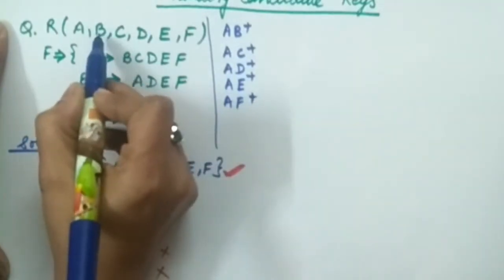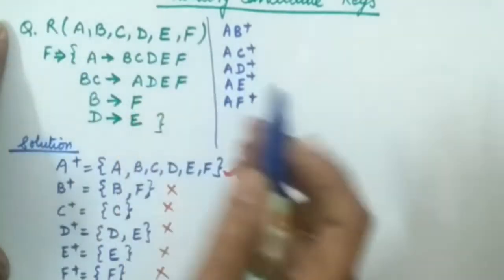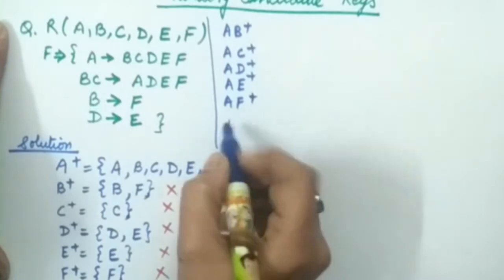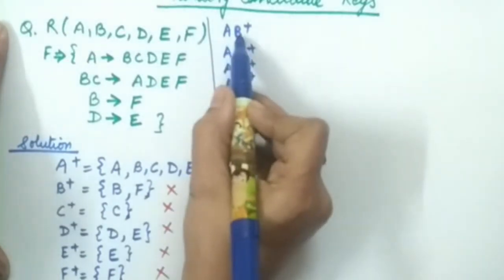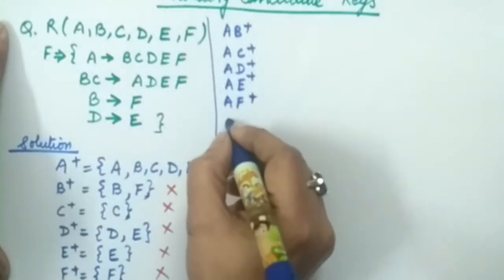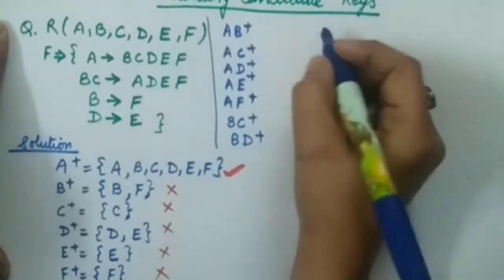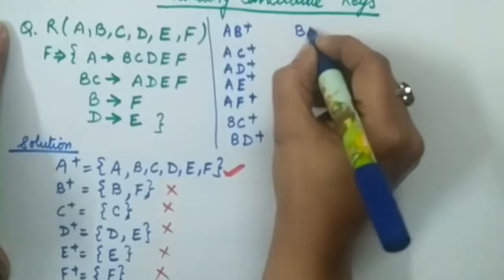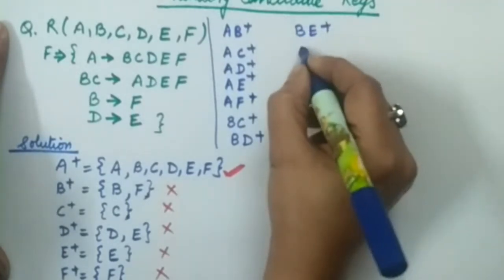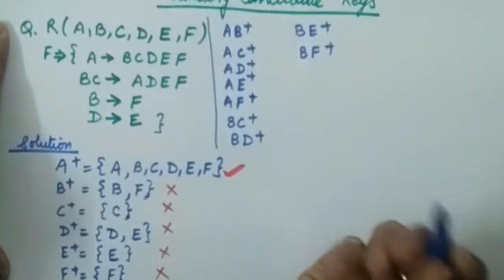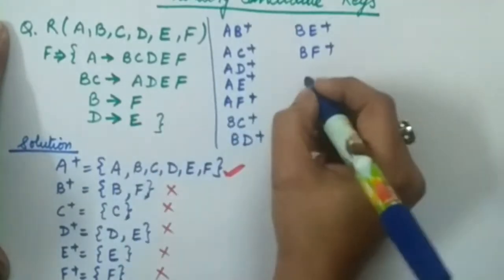Then with the next attribute B, I will combine B with all the other attributes. B, A, I will not write because A, B I have already taken. So B, C, B, D, B, E, B, F.